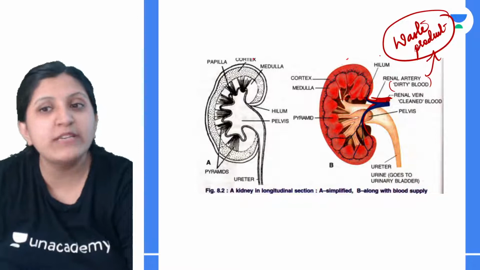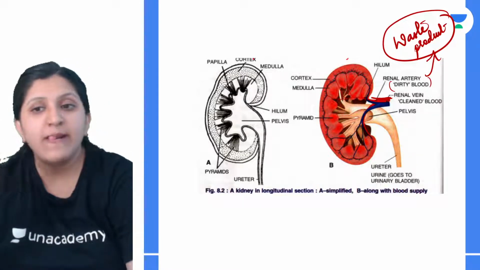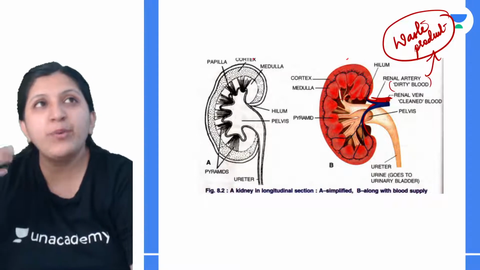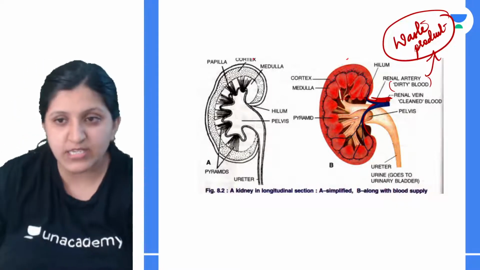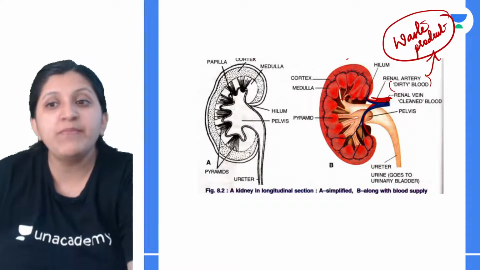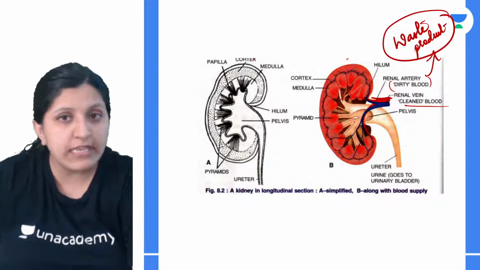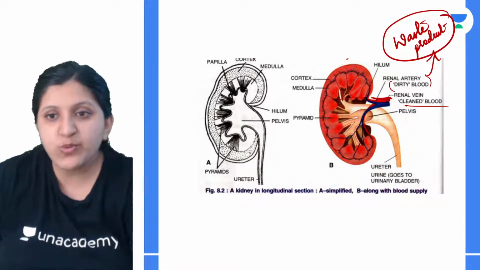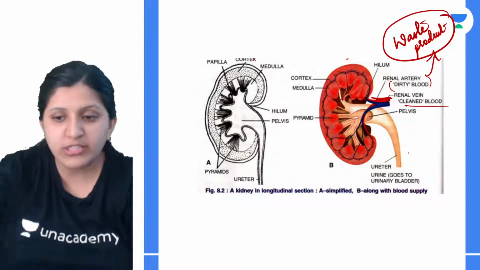The waste product is removed by the kidney, and then the cleaned blood leaves through the renal vein. This one is the pelvis over here, and then the ureter formation is there.